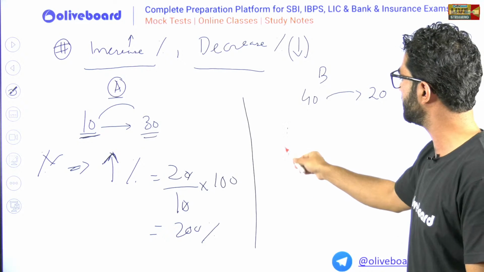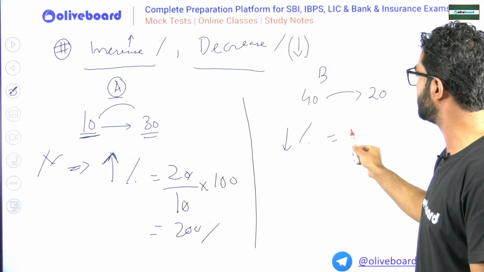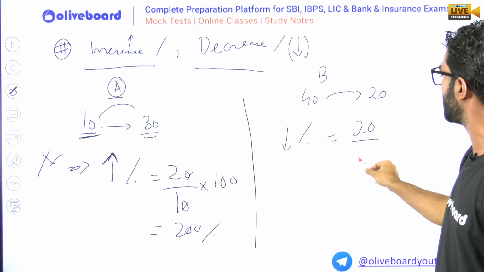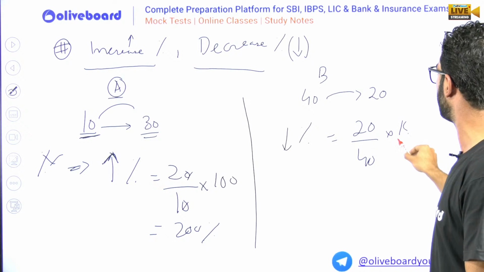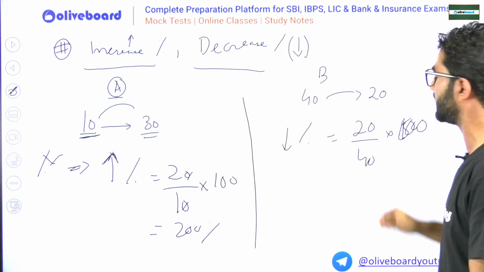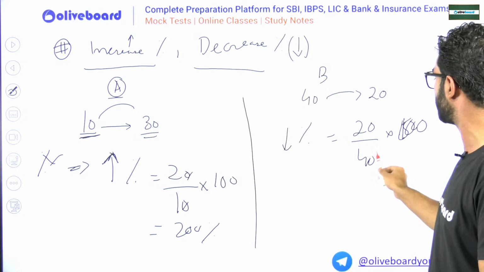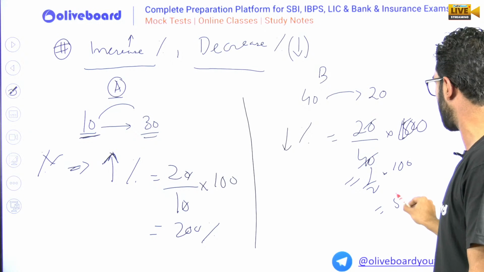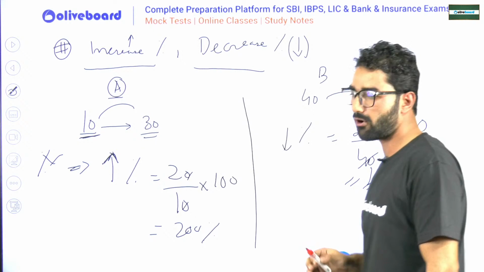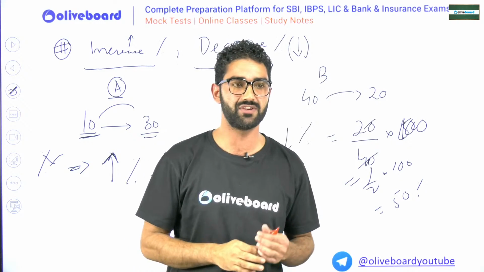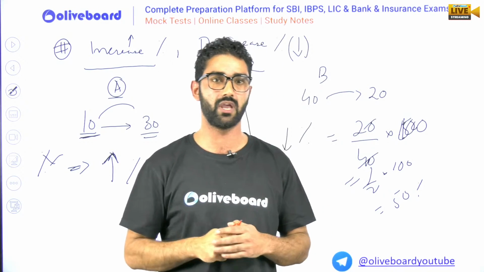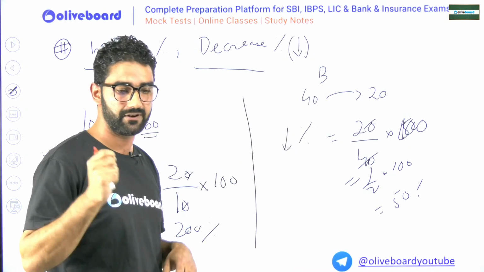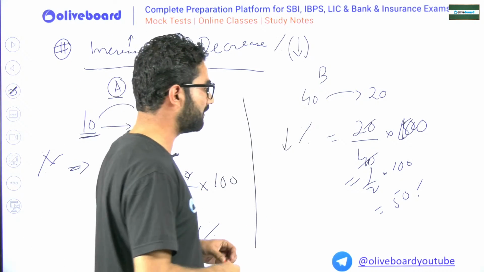Same, calculate the decrease directly. The decrease is 20, and take the largest term, that is 40, and multiply with 100. It comes as 1/2 into 100, so 50 percentile will be the value. I have broadly classified all percentile questions into 5 broad categories. If you try to solve all these 5 categories by tricks, definitely you will solve it. Great, 50 percentile is the answer.